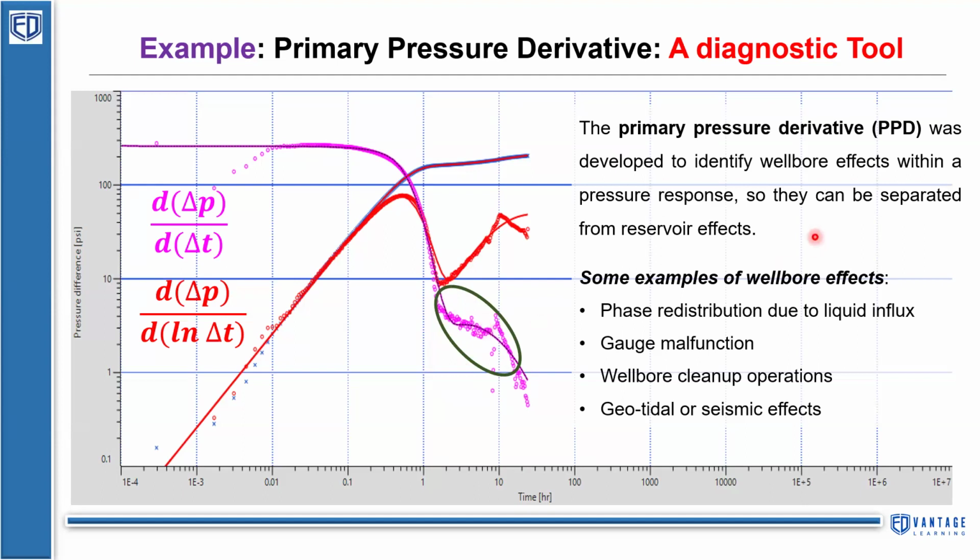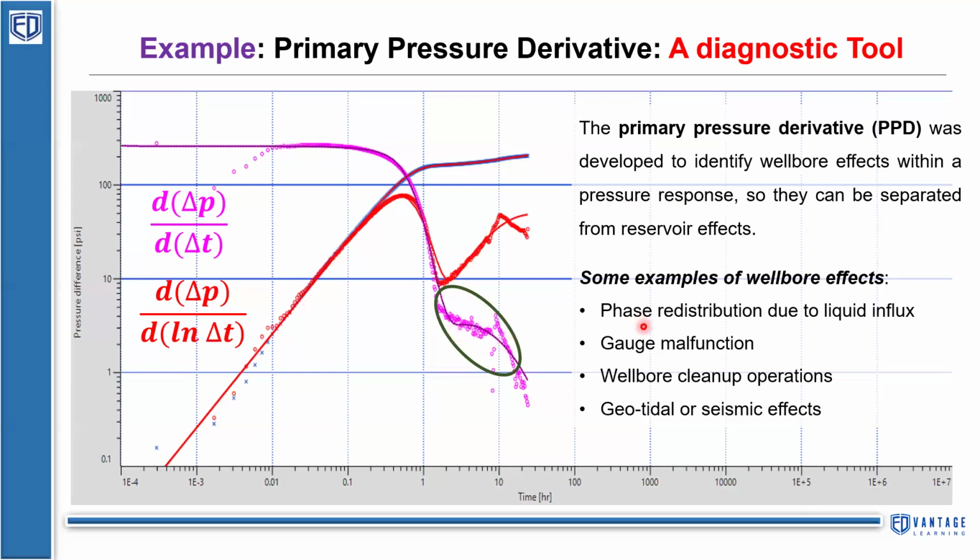So PPD was developed to identify wellbore effects within a pressure response so that they can be separated from reservoir effect. So this PPD will let us understand the effect of wellbore more than the reservoir effect. It will help us understand that this response of your derivative is not due to reservoir effect but due to wellbore effect.